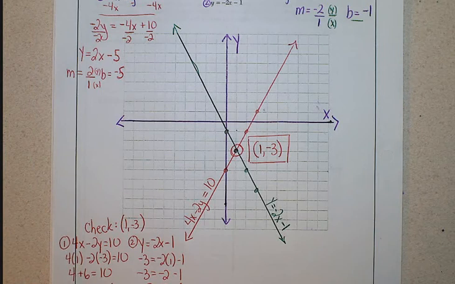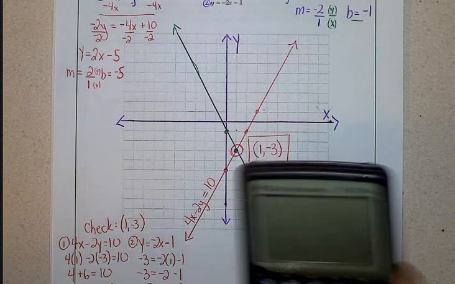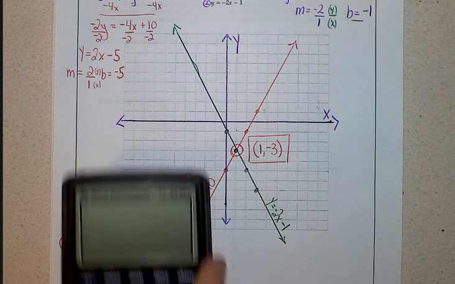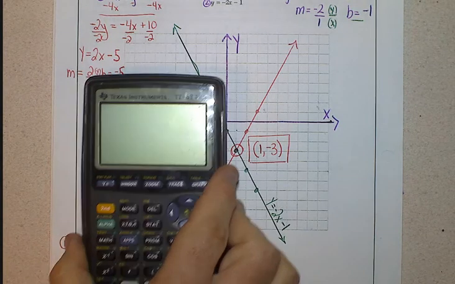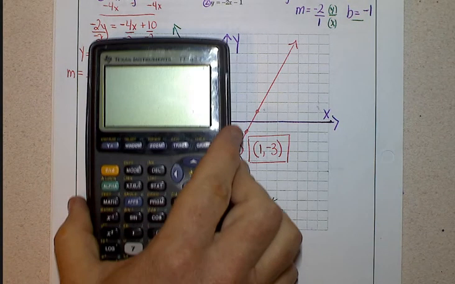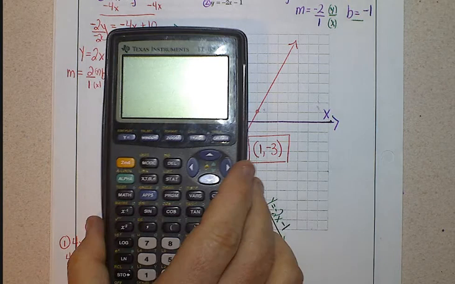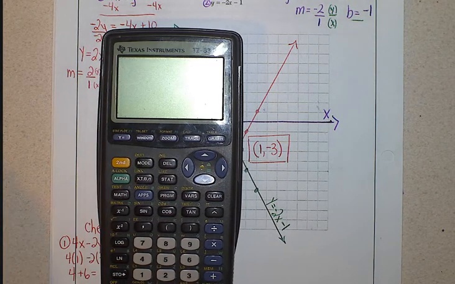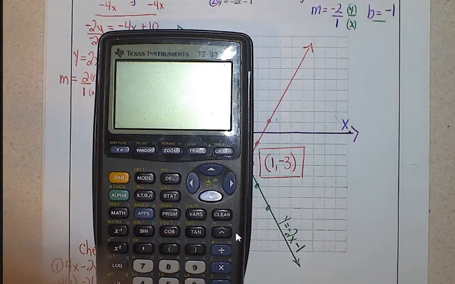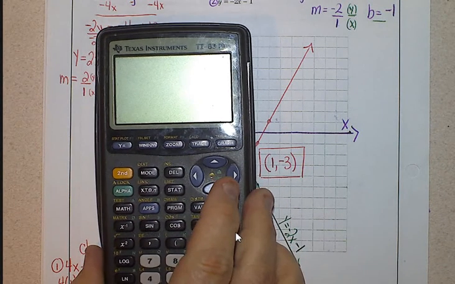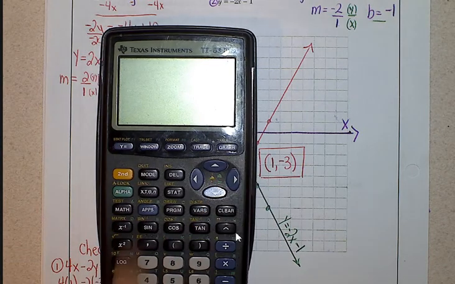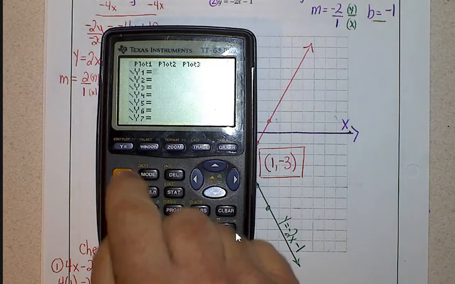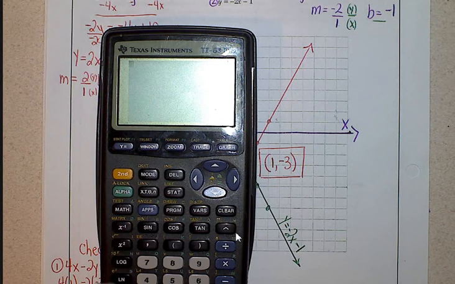Alright, now what I want you guys to see is, let's say you wanted to do this on the calculator, just so you can see what buttons to press. Zoom in a little bit more here. What we're going to have to do, no matter what, is still get y equals, or y by itself.